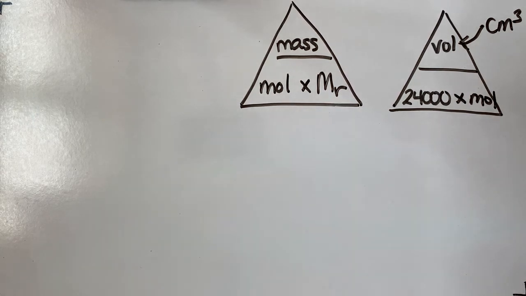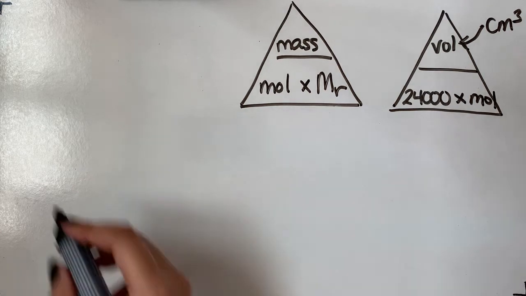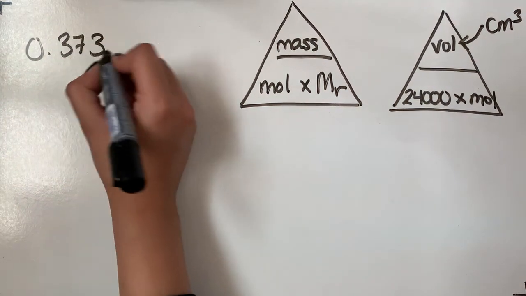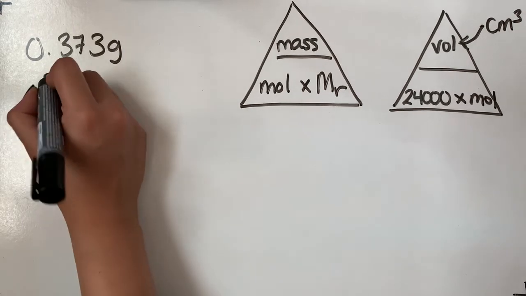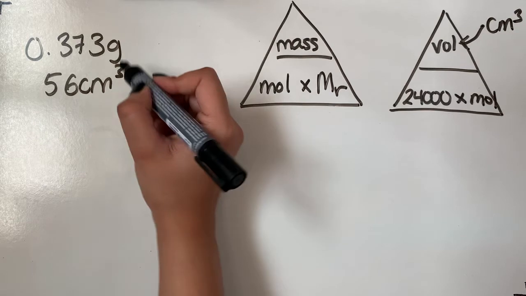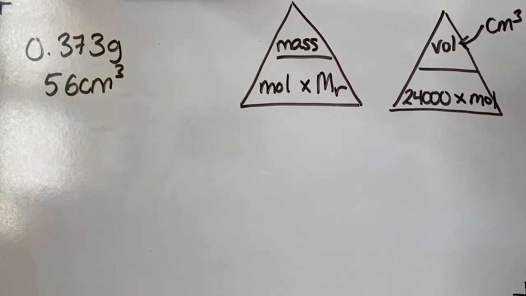Let's have a look at the information that we do have. So for the first one, we've got 0.373 grams of a gas that occupies 56 centimeters cubed. So we've got a mass and we've got a volume. So let's have a look at what we can do with that.